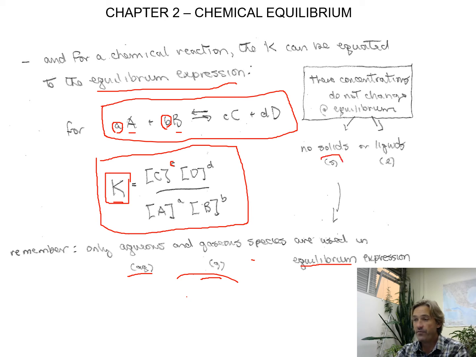That is different from solids and liquids. If a species is a solid or liquid, their concentrations do not change at equilibrium. They're essentially constant. And we could go in to talk about that more at a later time.